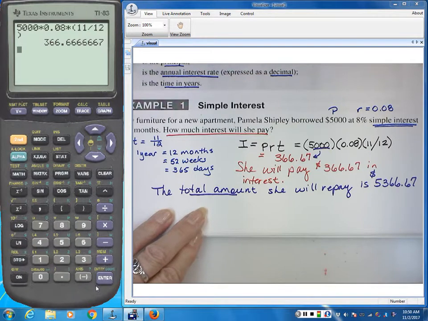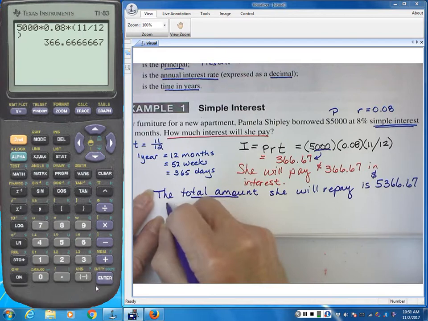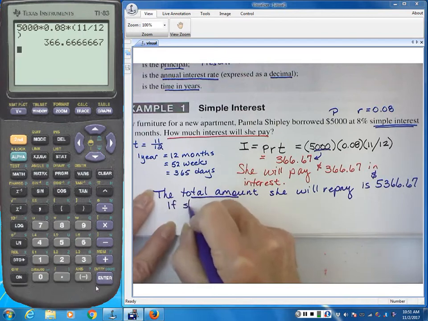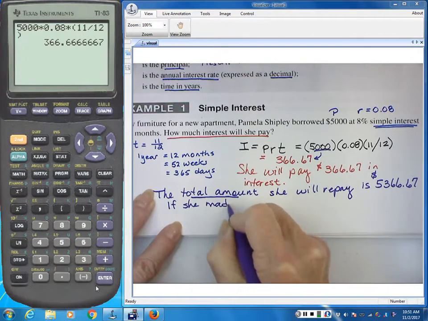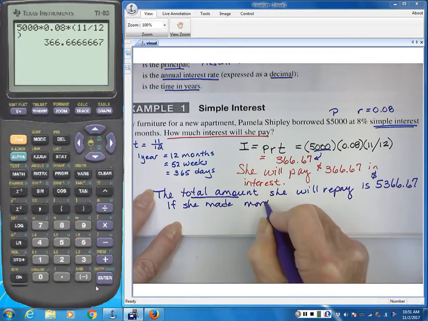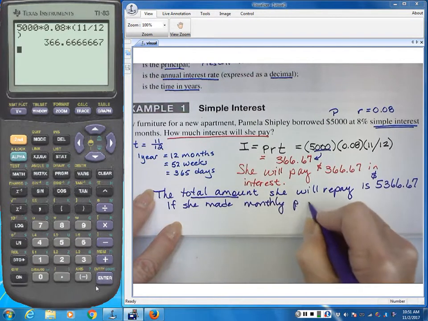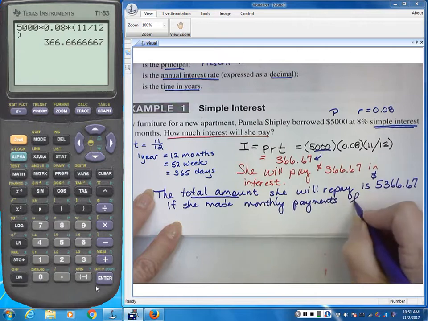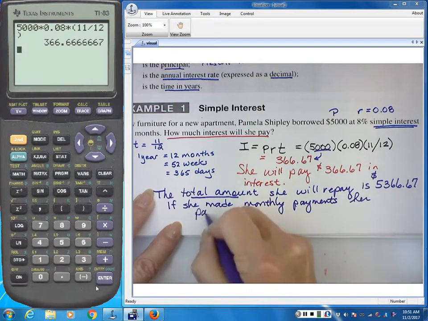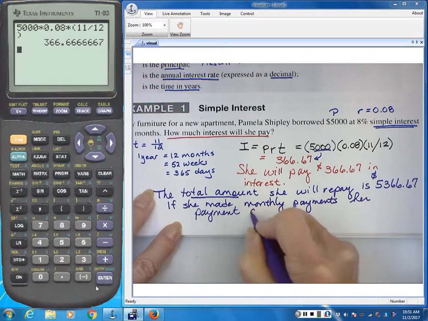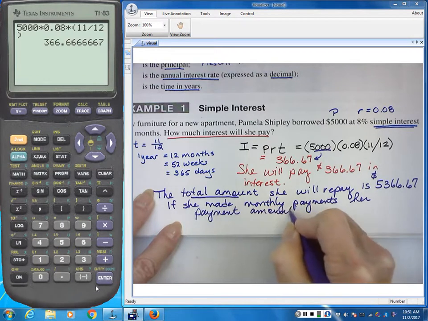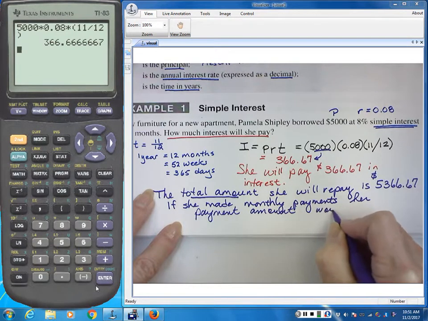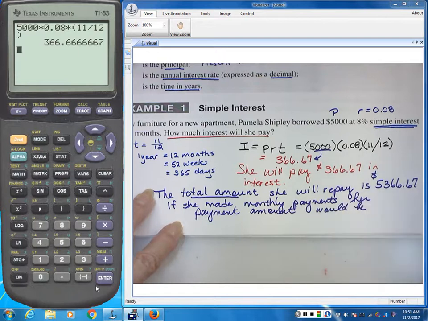And then if she made monthly payments, then her monthly payment amount would be the $53.66.